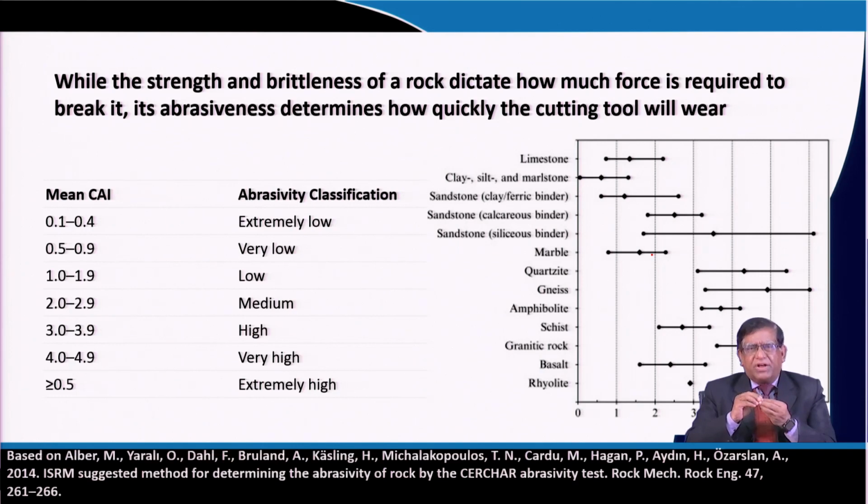If it is a quartz grain sandstone with high quartz content, it will be very abrasive. So you can get abrasivity above 6 with sandstone, and if you cut that type of rock with an ordinary tool, it will wear out and become blunt very easily. So now you have understood that while selecting the cutting tool, you need to see these two properties.